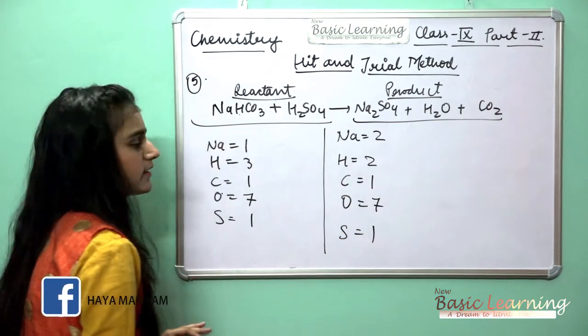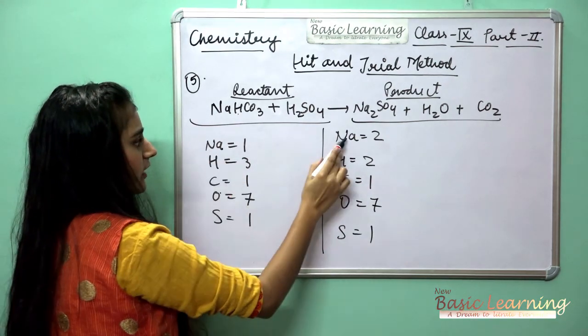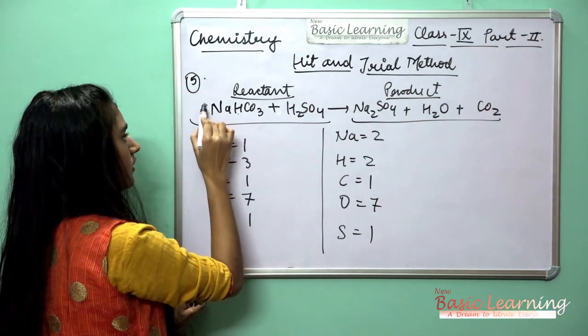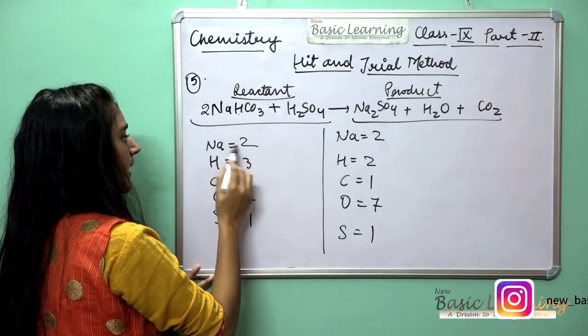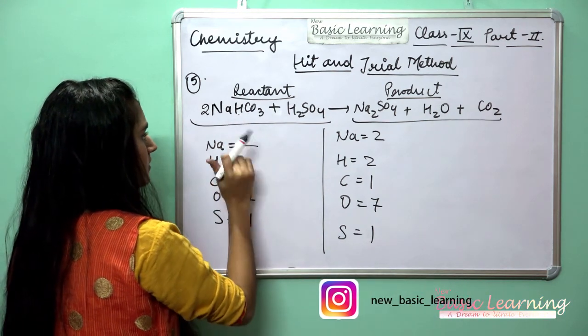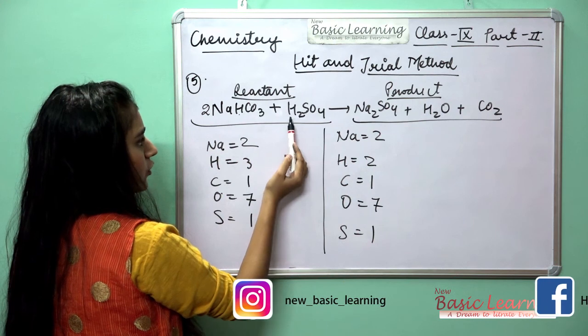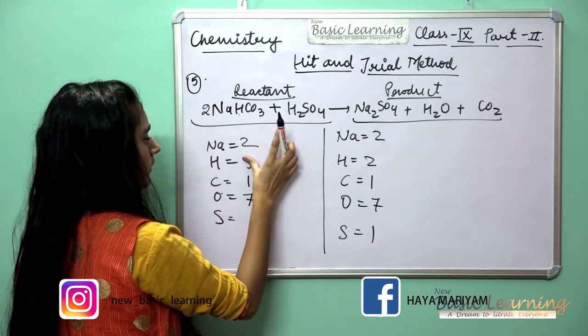So now let's balance this. Here sodium is 1 and here sodium is 2. So here I will add 2. So at the same time Na becomes 2 and hydrogen also becomes 2 and 2, it will become 4.